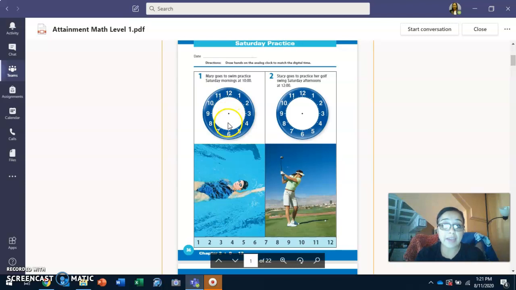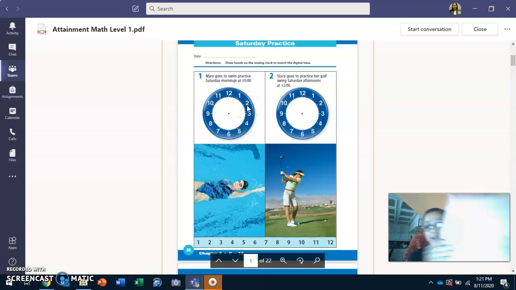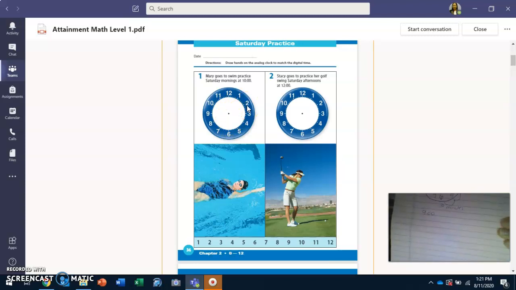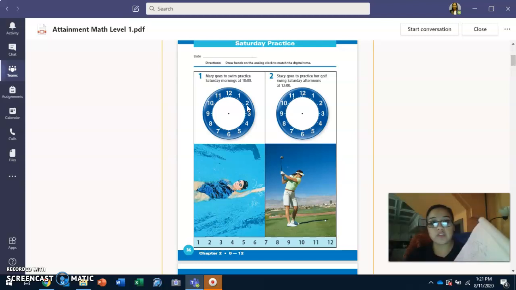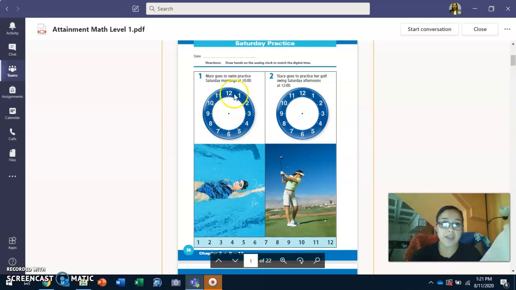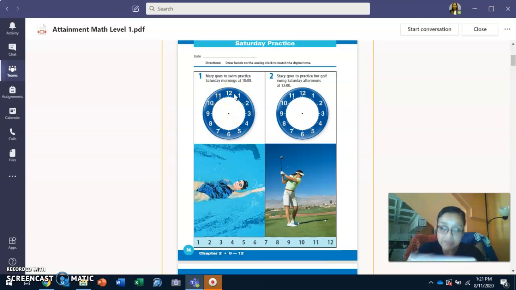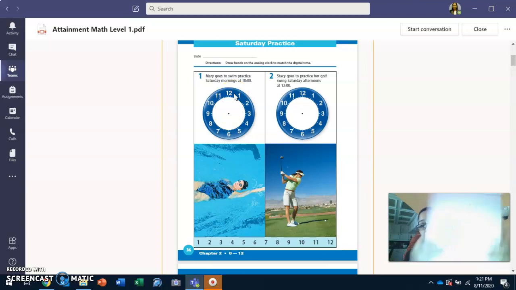And where would your big hand go? So this is the time. If it's 2 zeros, that means it is 60 minutes. So where is your 60 minutes? On 12. So where would your big hand go? Right here. So your clock, this is just an example, that's not the answer for number 1, should look like this. That is 9 o'clock.